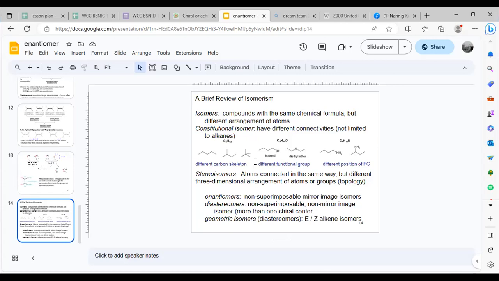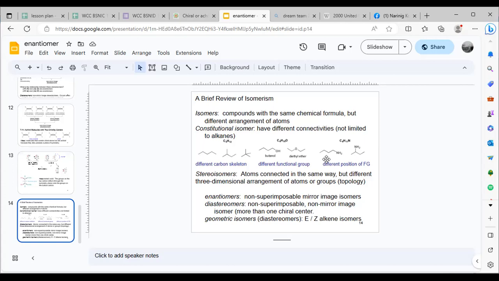You can have an example where one is an alcohol, another is an ether. You can also have an ester and a carboxylic acid. You can also have different positions. You have a primary amine and a secondary amine. So they have the same chemical formula, but you have different connectivities there.